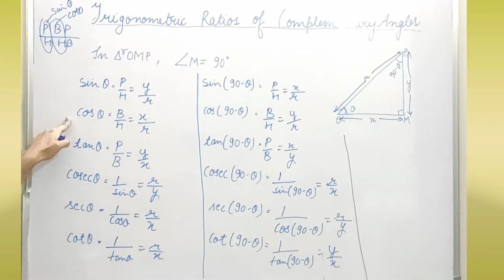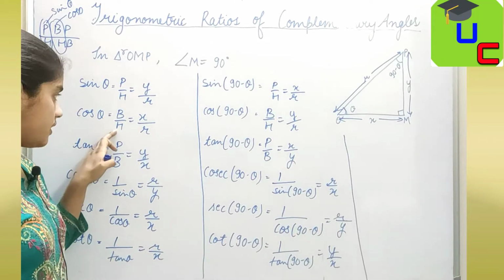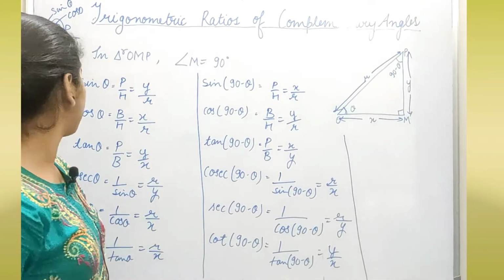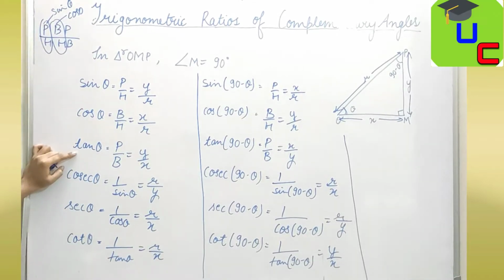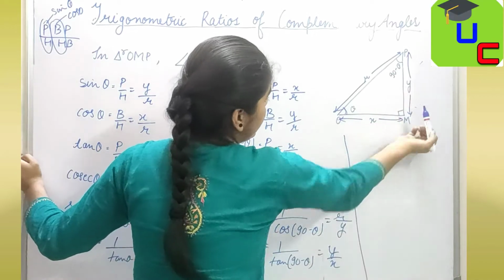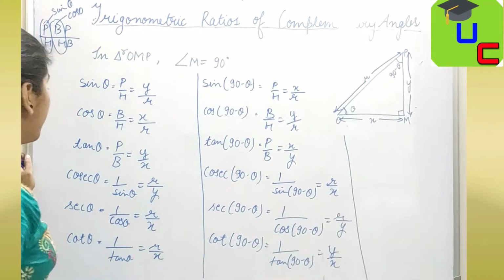Cos theta is equal to base upon hypotenuse. Base is x and hypotenuse is r. In the same way, tan theta is equal to perpendicular upon base, which is y upon x.